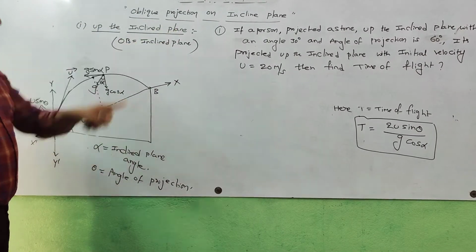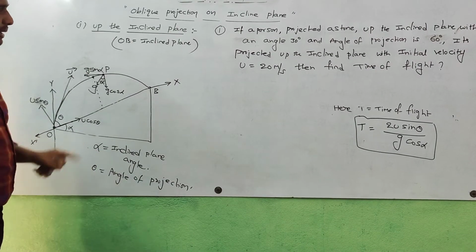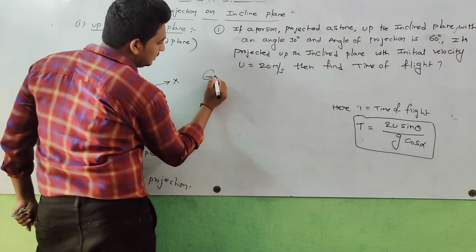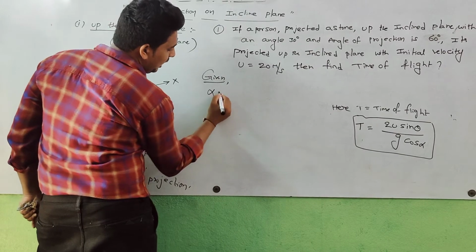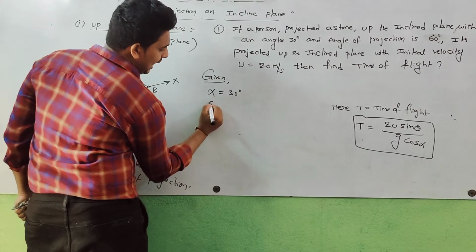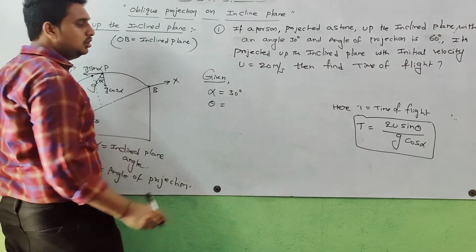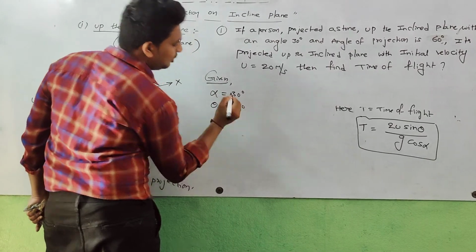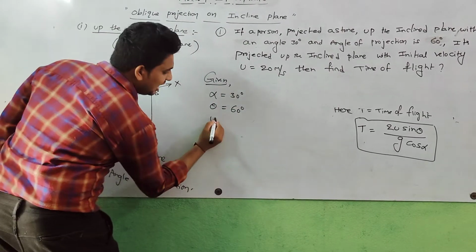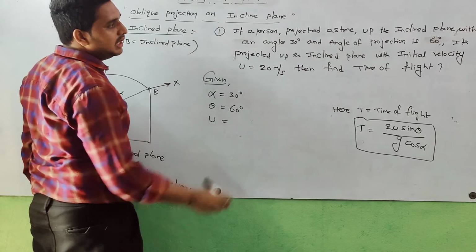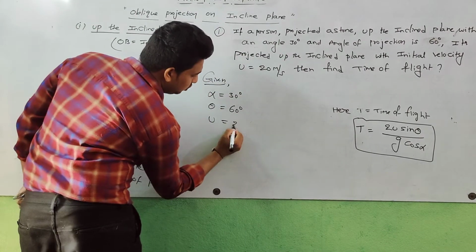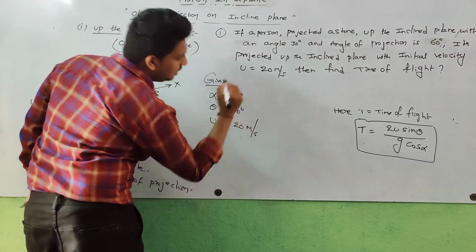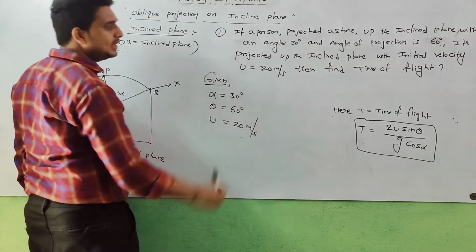Alpha is the inclined plane angle. So given: alpha is equal to 30 degrees, angle of projection theta is equal to 60 degrees, initial velocity u is equal to 20 meters per second.